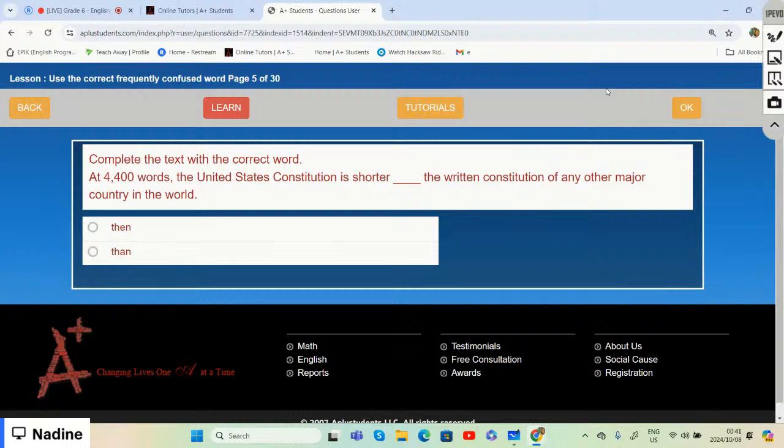Are we saying then option one or than option two?